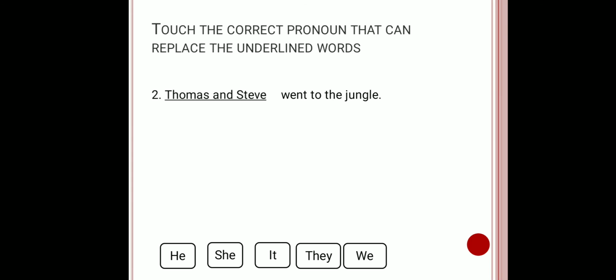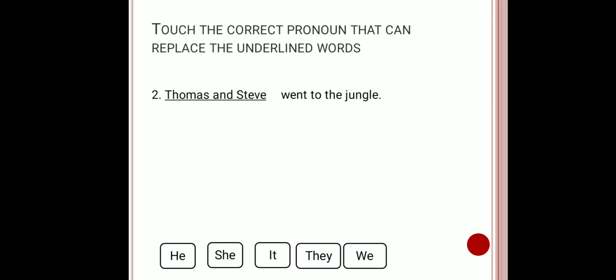Let's see another example. Thomas and Steve went to the jungle. So I have two other people and I'm not included, right? So I have to use the appropriate subject pronoun. What should I put? He, she, it, they, we?